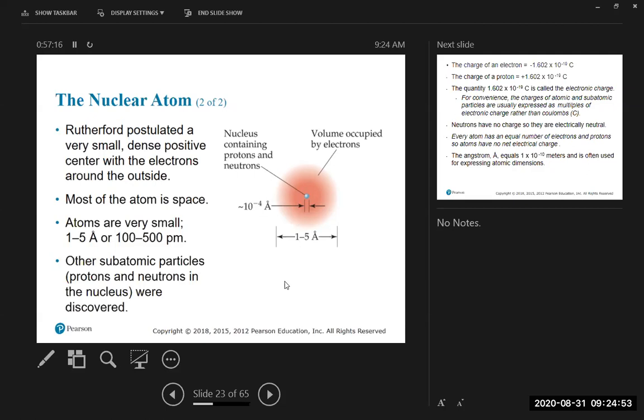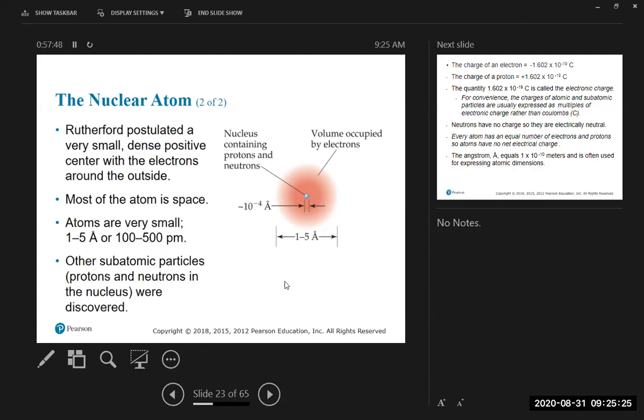Atoms are really small, 1 to 5 angstroms. An angstrom is 10 to the minus 10th meters. The nucleus is about 10 to the minus 4 angstroms. So the atom itself is small, the nucleus is even smaller, and this explained how you could shoot that radiation through and not get any scatter.